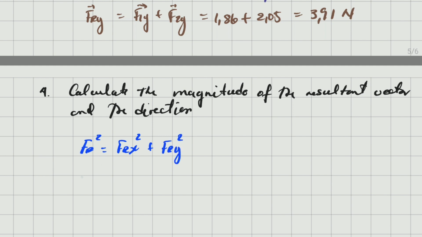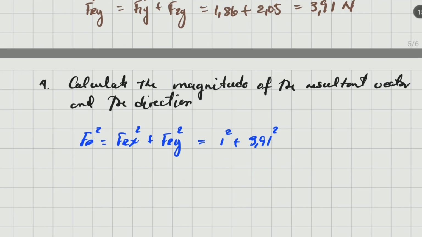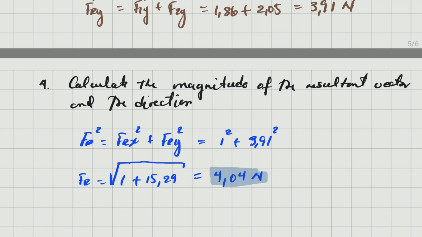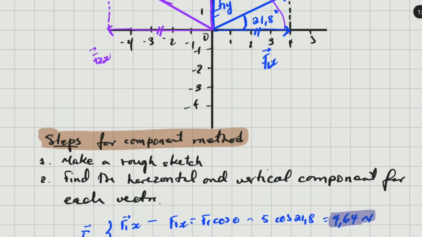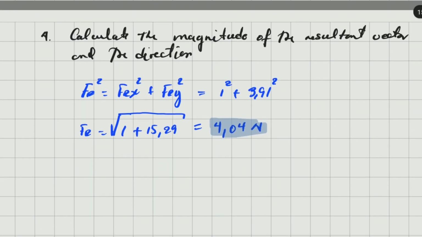And if we substitute here, this is the magnitude of the resultant force when these two forces act on an object as they are here. This is the magnitude of that resultant force.